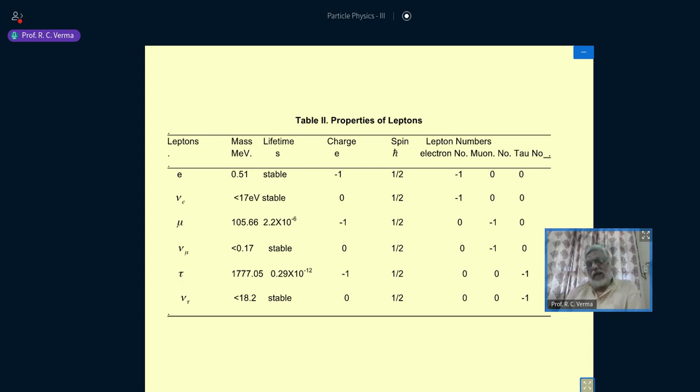At this moment, I can say that lepton number in any process must be conserved. So not only the total number of leptons, but also the electron type, muon type, and tau type lepton numbers should separately be conserved. This helps us a great deal in looking at various decays. Maybe I will spend some time on that later on, because today I'm just giving you an overview of these particles.